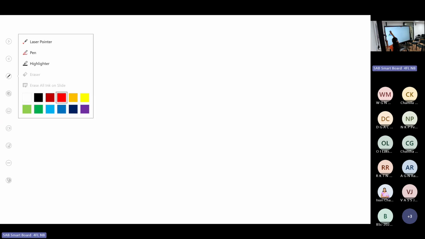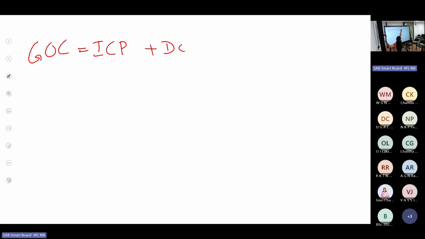You can support me. Gross operating cycle is the inventory conversion period plus the debtor conversion period, right? We'll calculate the inventory conversion period. Raw material, finished goods, 1 month, that means 30 days. WIP we will mark as blank, and the other one is 30 days.